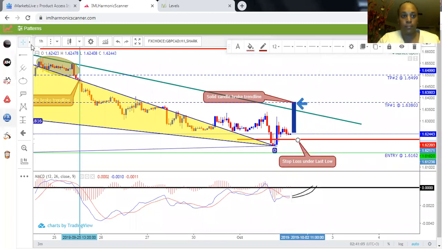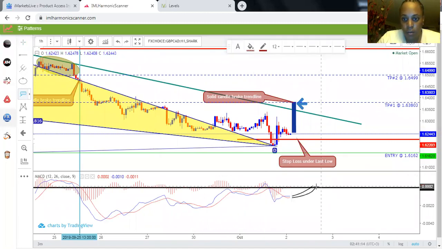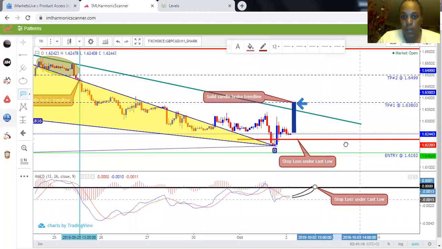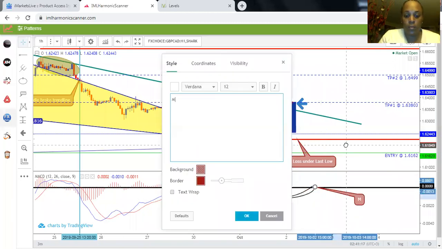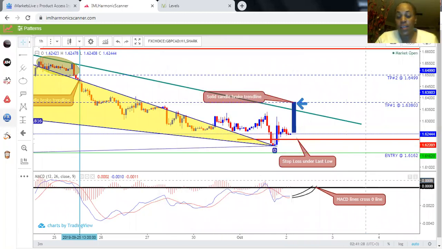Good. Take a screenshot of that, or actually let me put it here as well. Does this help? What I've placed there, does it help?